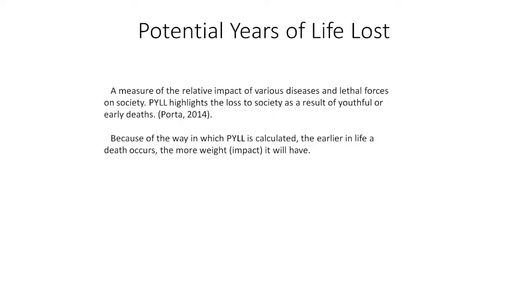Potential years of life lost highlights the loss to society as a result of youthful or early deaths. Because of the way in which potential years of life lost is calculated, the earlier in life a death occurs, the more weight or impact it will have.